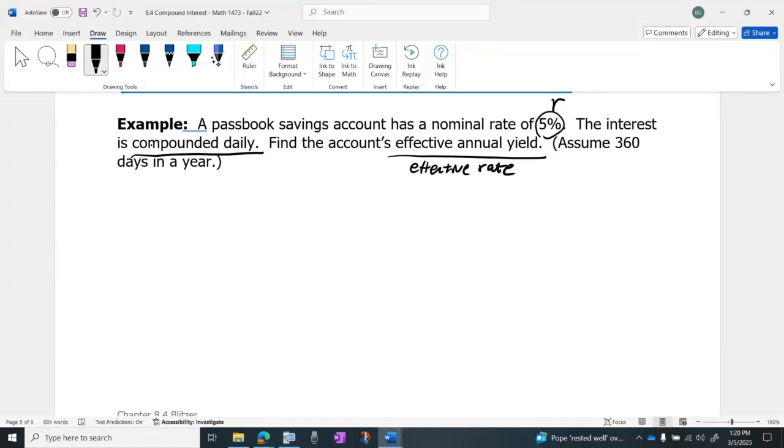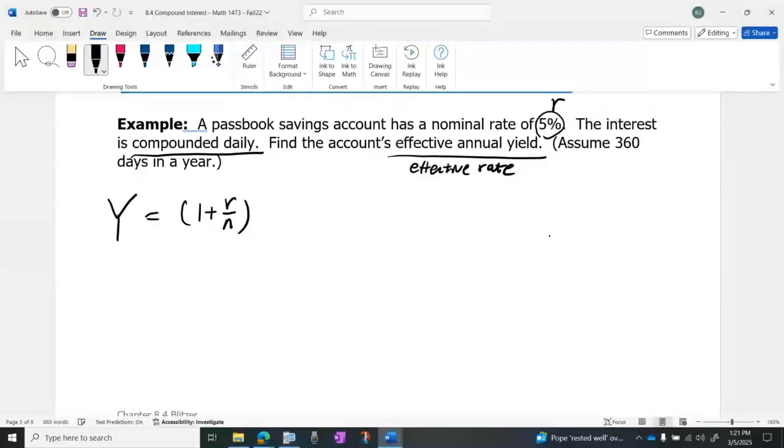I like to use the name effective rate because effective rate and nominal rate are closely related and basically play the same role, but they are different. Effective rate means the actual rate. Nominal rate is like on the surface. All right, what's the formula? The letter that represents the effective rate is capital Y. Y equals 1 plus r over n.